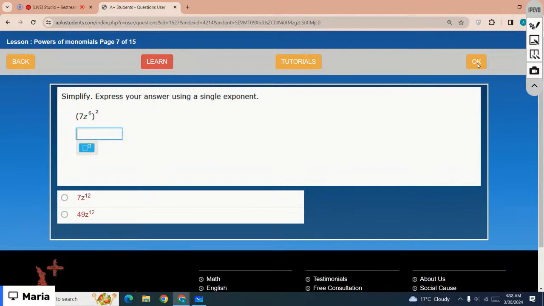The next one is 7z6, which is the correct option. The correct option is 49z12. Option number 2 is the correct option, right?